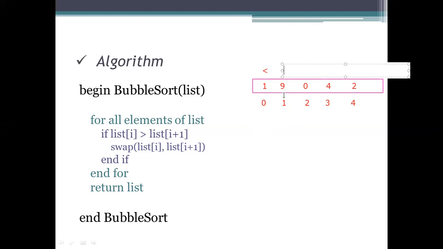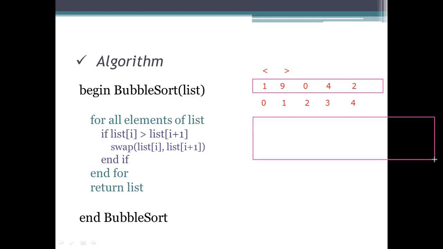Now compare list of 1 and list of 2. List of 1 is 9, which is greater than this one. So we need to swap the places. After swapping the places, the element will be in this position.